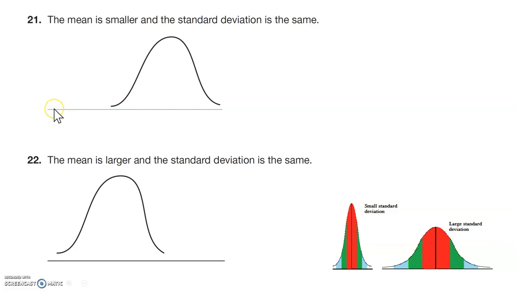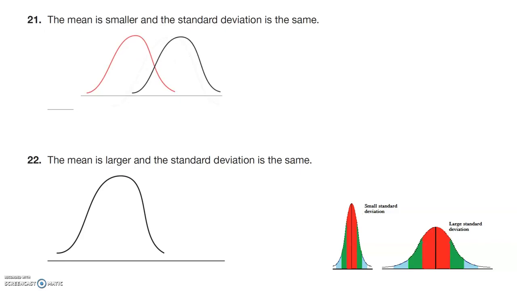And then the farther you go from 0, the larger the numbers. So they're telling you that the mean is smaller. That means this is trailing to the left of the number line, right? So if the mean is smaller, it has to be, in this case, to the left of the normal curve.